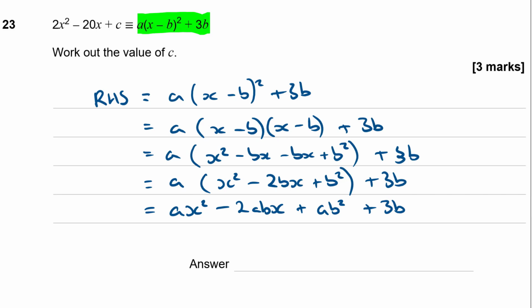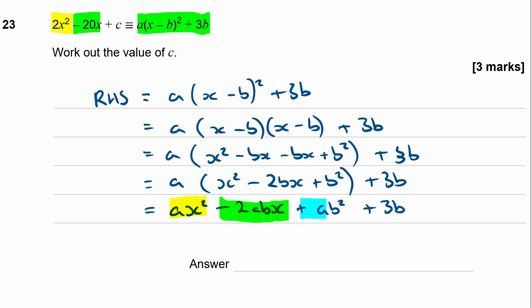Now I finish multiplying them out, you'll see that I've got something to do with x squared here, ax squared, and that's got to be equivalent to my 2x squared in my original identity. I've also got something to do with x. I've got minus 2abx, and that's got to be equivalent to that minus 20x there.